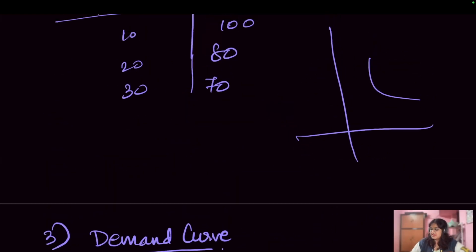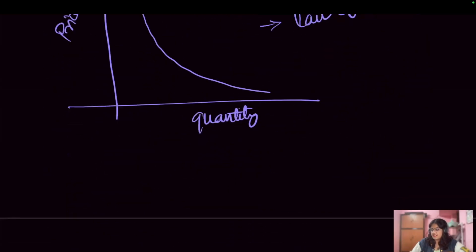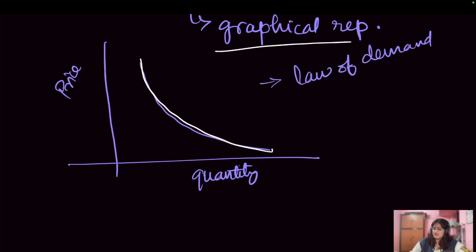As the price goes up, the quantity goes down. Price and quantity have an inverse relationship, because of which the slope is always going downward from left to right. Now let us understand the law of demand.